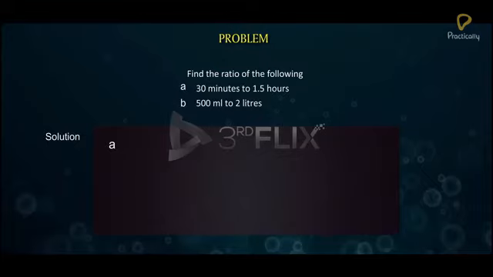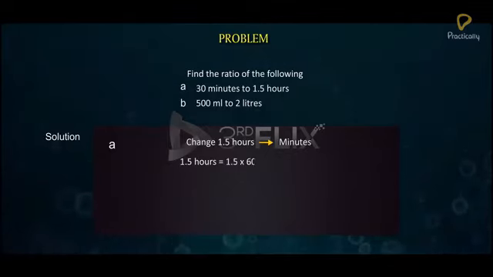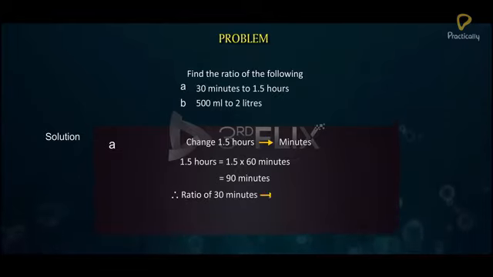Since the units are different, change 1.5 hours to minutes. 1.5 hours is equal to 1.5 into 60 minutes, which is equal to 90 minutes. Therefore, the ratio of 30 minutes to 1.5 hours is 30/90.